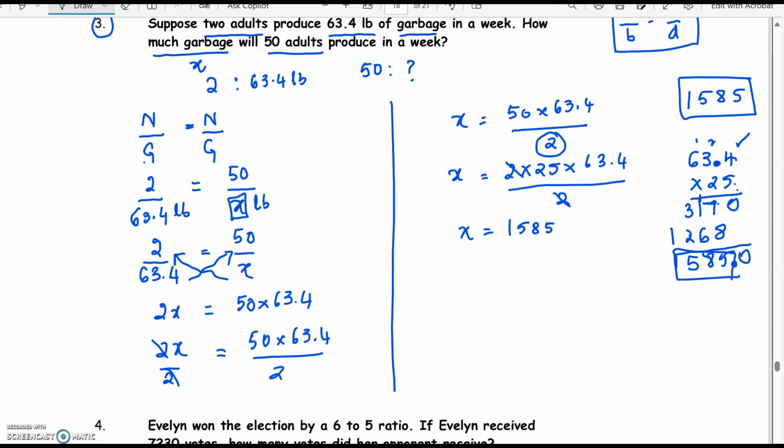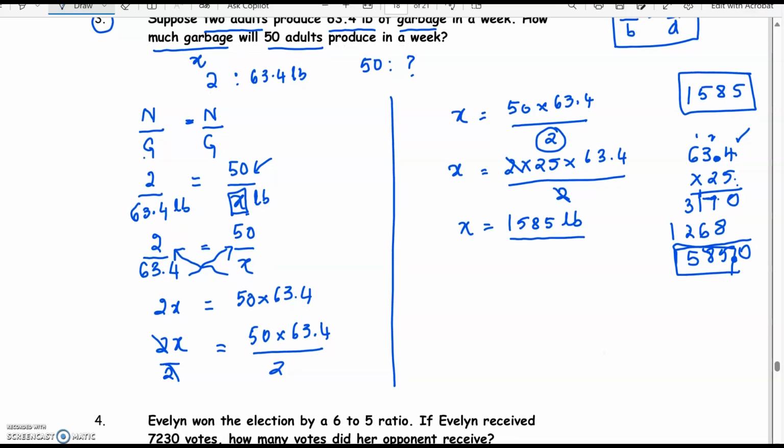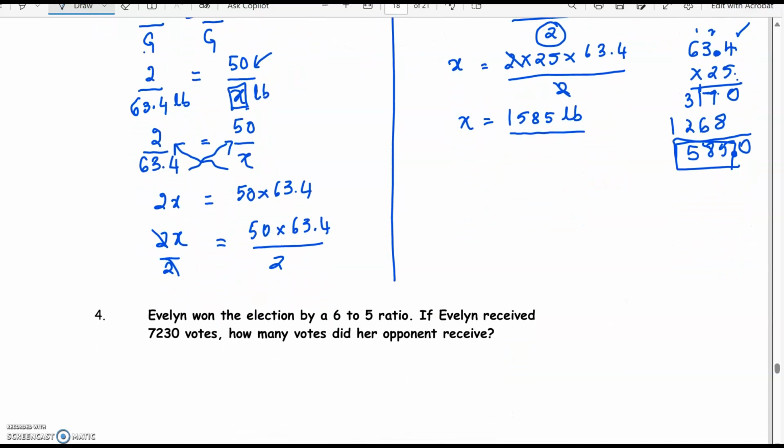And remember what we were trying to figure out? It was the number of pounds of garbage that 50 people create. So when you think about it, if 2 people create 63.4 pounds of garbage, how many pounds of garbage will 50 people create? And it makes sense that it is a large number, which is close to 1,500 pounds.